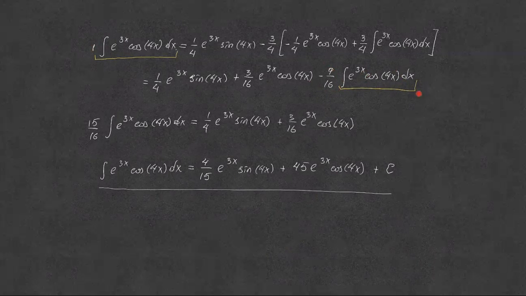So we added this expression to both sides of this equation and combined these coefficients to get 15/16 of that integral equals this. And finally, to solve this for the integral, we multiplied both sides of this equation by 16/15, or you can say that we divided by 15/16. And we got this answer. I hope this helps.